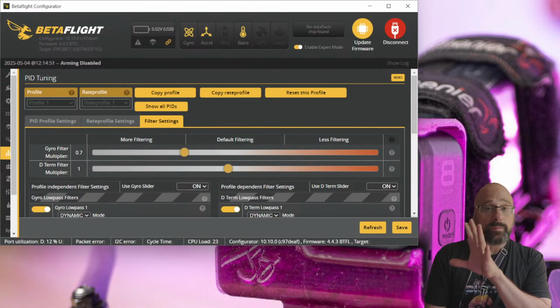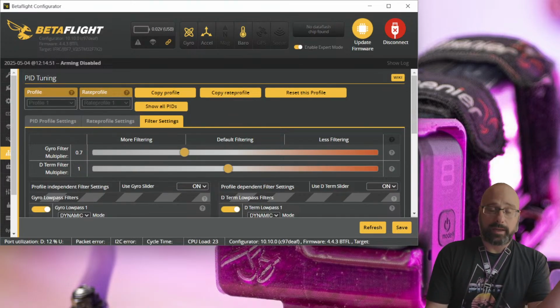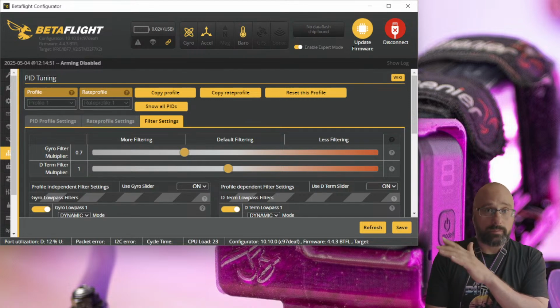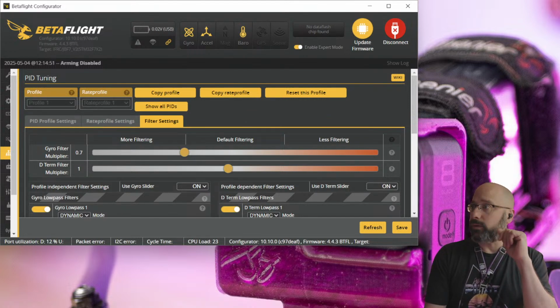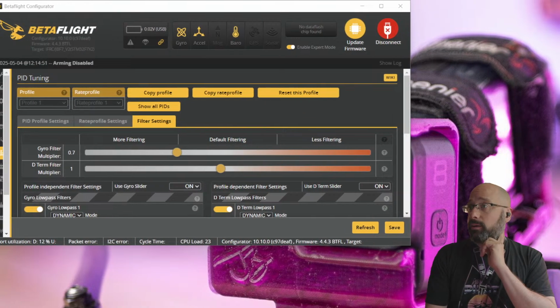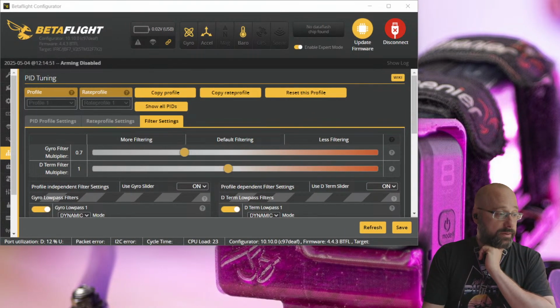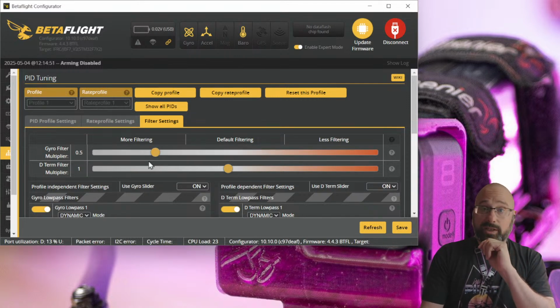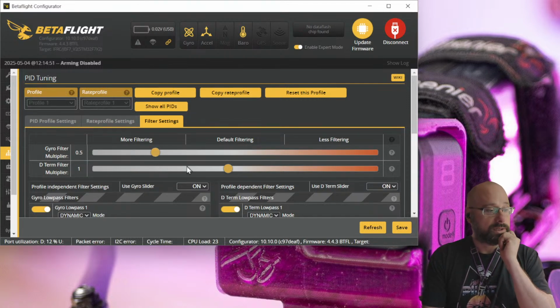The real way to do this would be to use blackbox logging. Pull up the blackbox and see where the motor frequencies were and where the filters are. So that's going to come down. How low it needs to come down, I don't really know. But I think it could potentially come down as low as like 0.5, because 10 inches is fairly low.